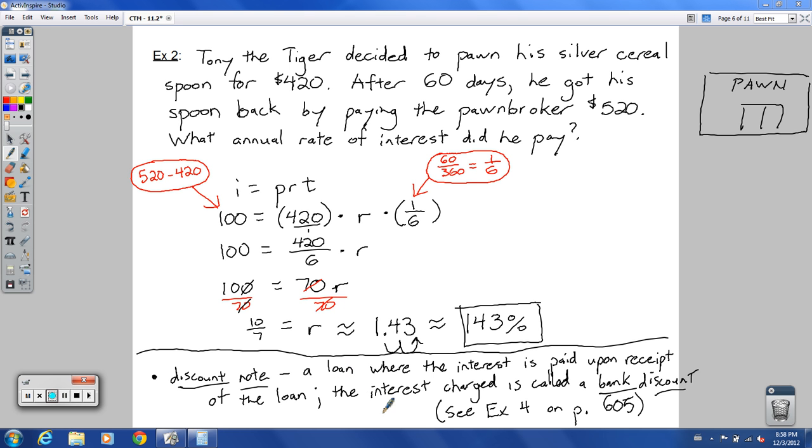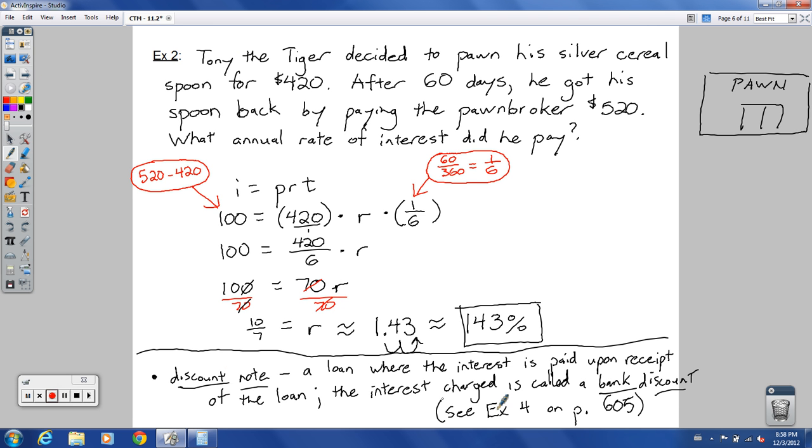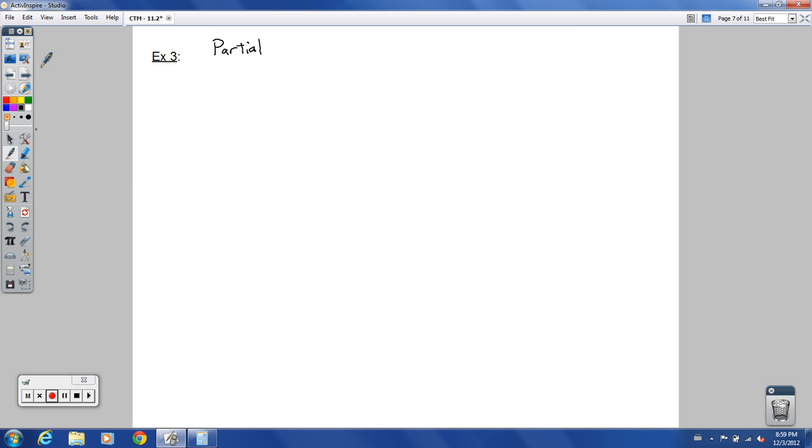So you're only going to get $900 back as your loan, and then you just need to pay that $1,000 back later on. But we'll skip that for now and get into this. So if you have a problem dealing with discount notes, see that example on page 605 in your book.